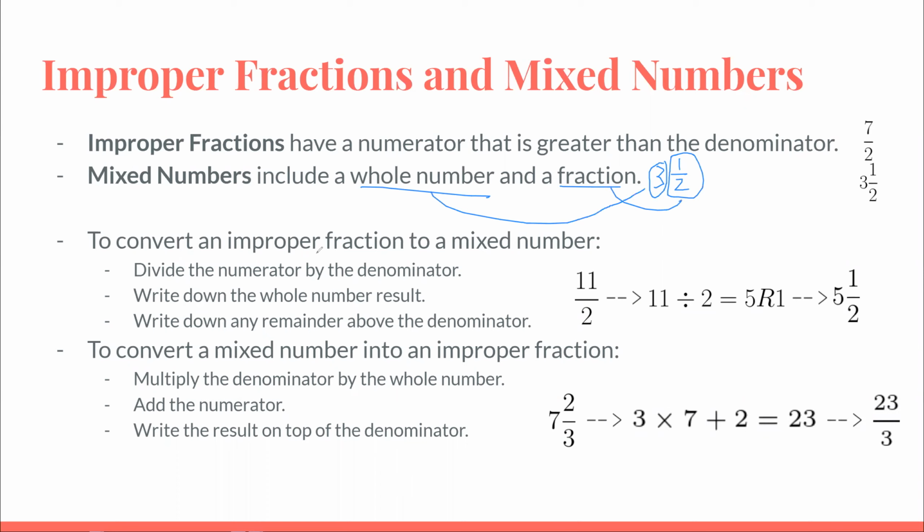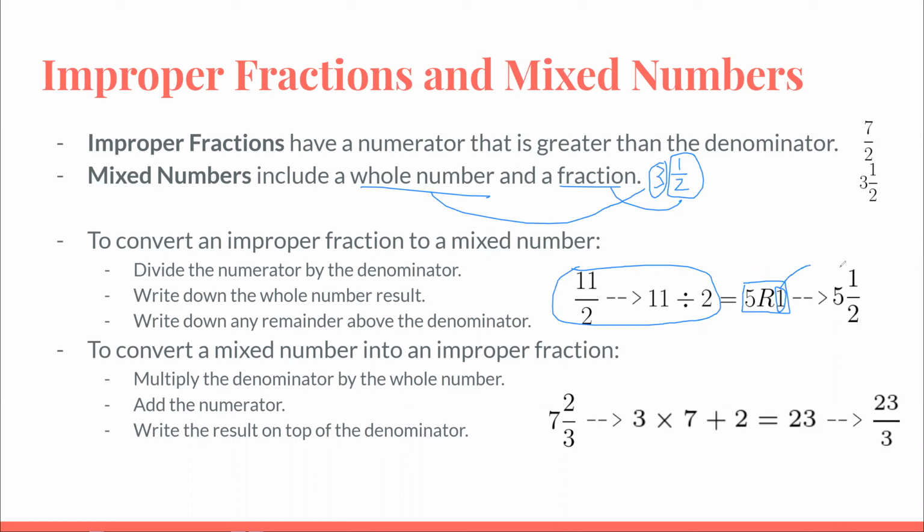To convert an improper fraction to a mixed number, you would divide the numerator by the denominator. As you can see, 11 upon 2, then 11 divided by 2. Write down the whole number result. So the result would be 5, but then you get a remainder of 1.